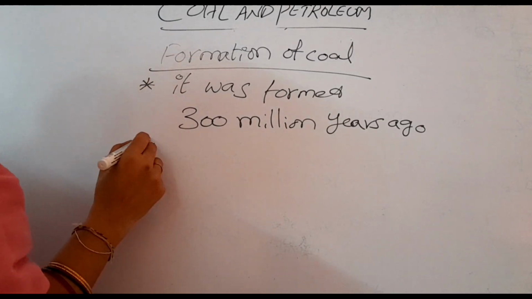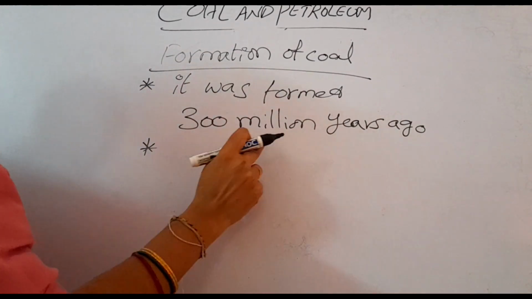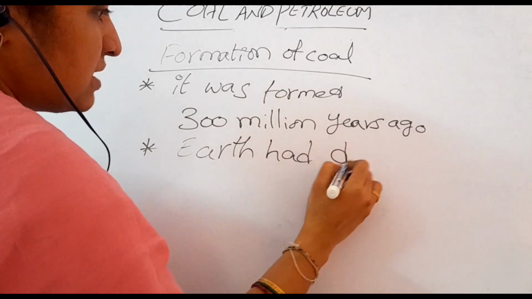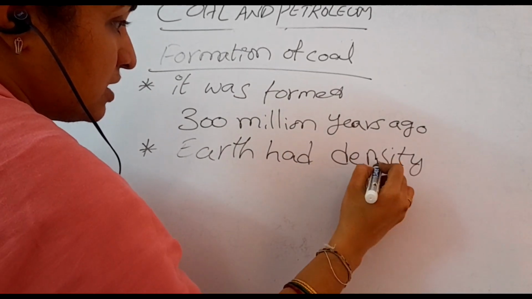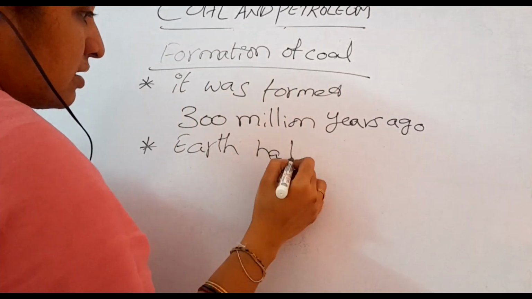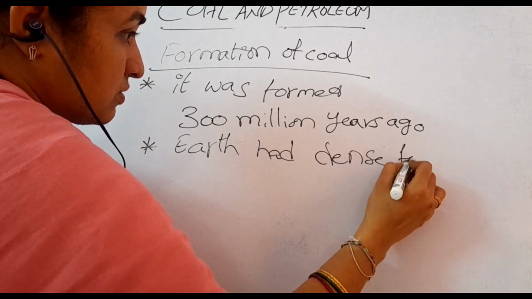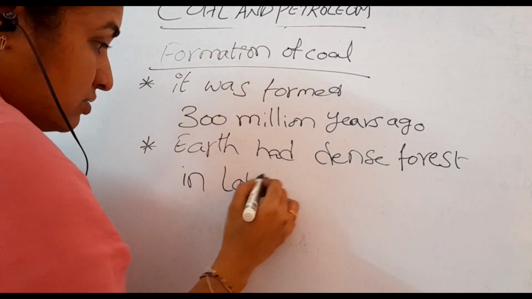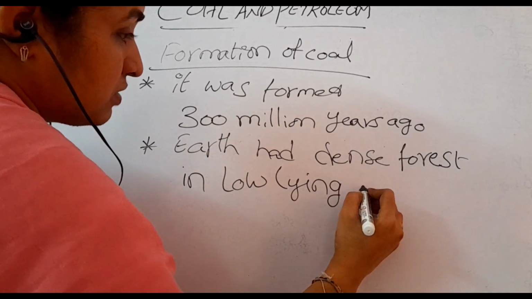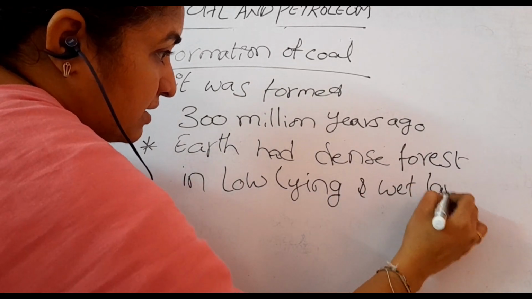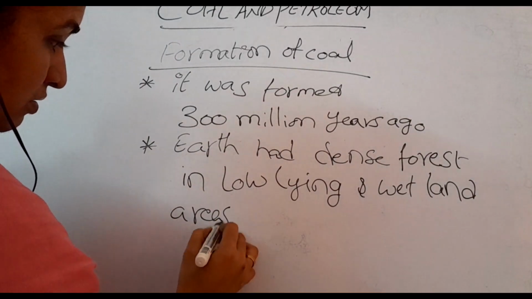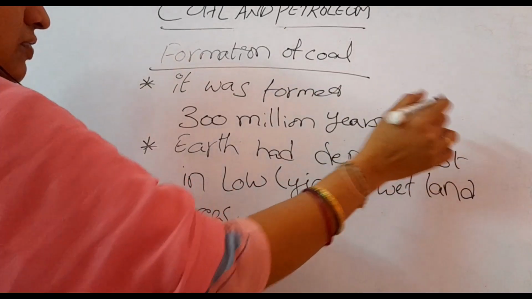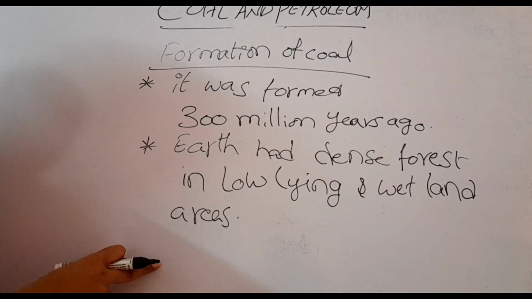Earth had dense forest in low-lying and wetland areas.